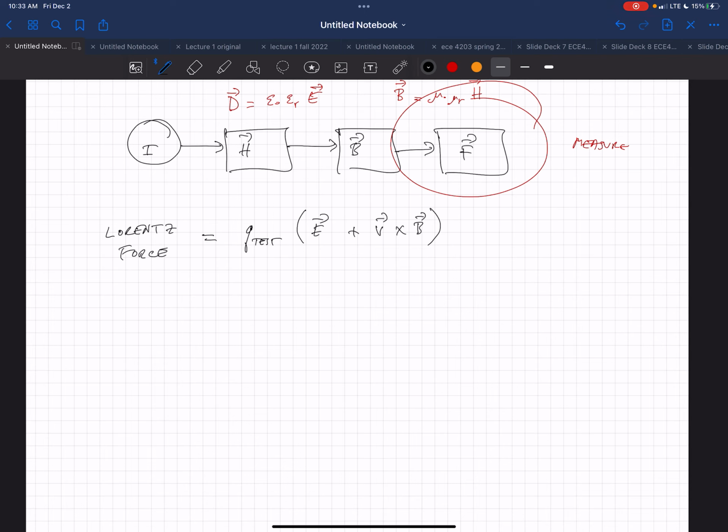The only thing I can come up with is these cyclotrons, which I'm sure everybody has seen. They launch charged particles into magnetic fields, or it could be a combination of electric and magnetic fields. So let's say you did that, right?